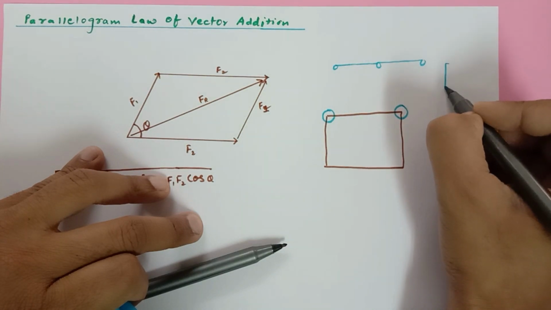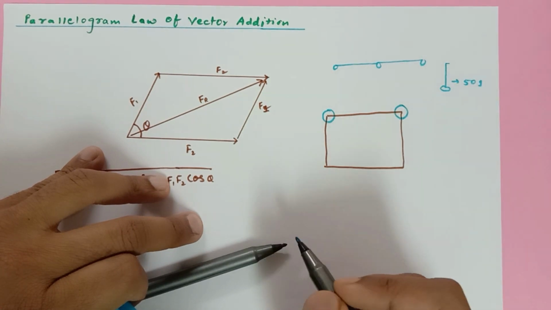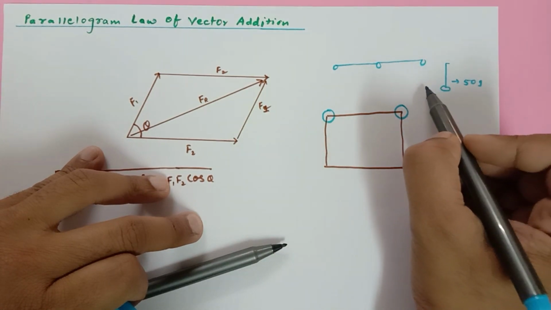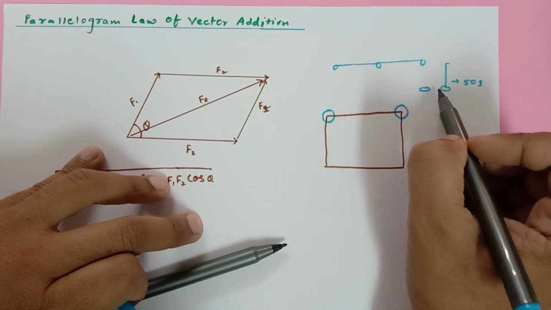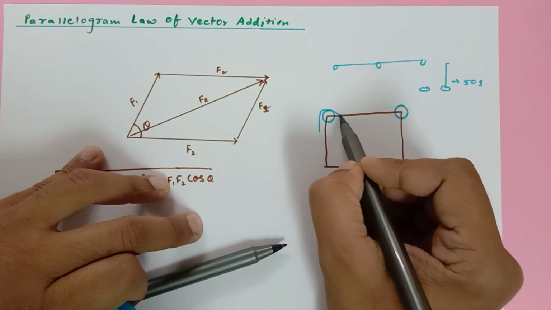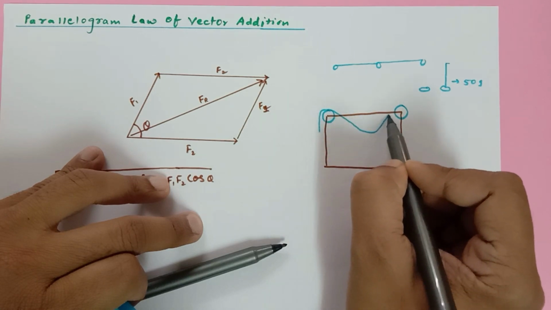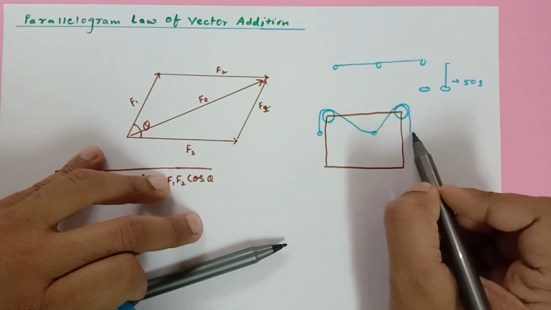This individual weight which you are seeing is of 50 grams each, correct? And all the weights are of 50 grams each. So what I am going to do is pass this rope like this, and the knots being over here.